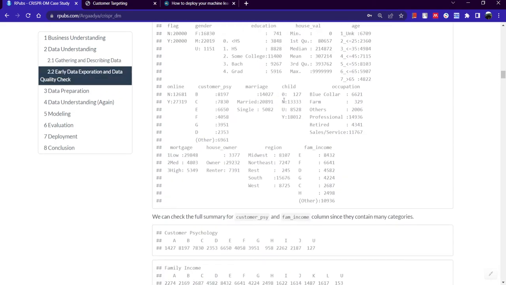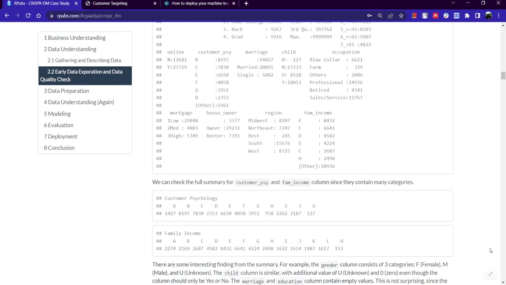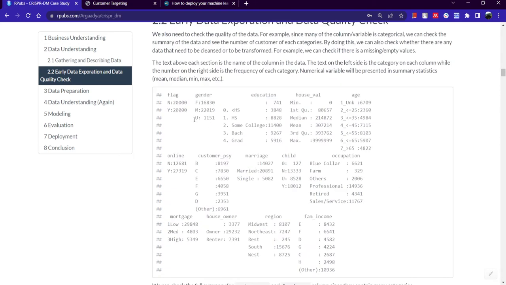Then they have determined that they need to do some data cleansing. They need to make sure the data format looks nice. For example, instead of having U indicating unknown or missing values, they need to replace it with the word unknown. They also need to take these prefixes and just keep, for example, this as unknown, and so on.